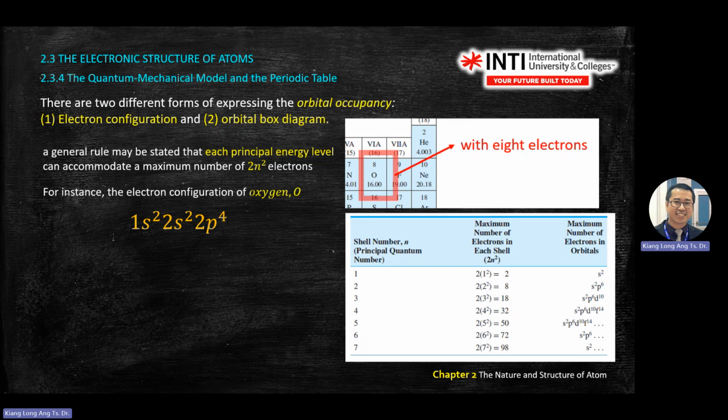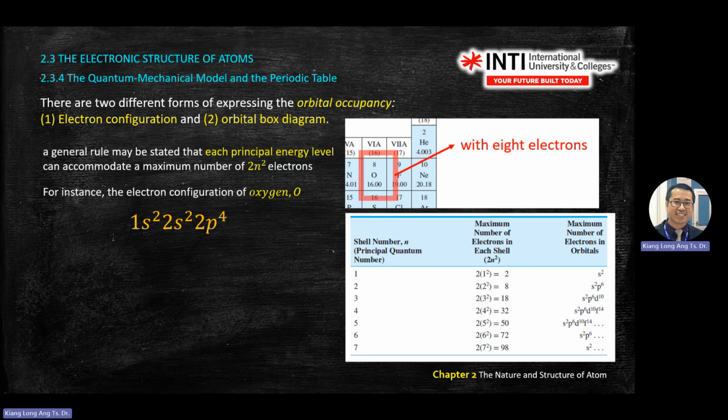So the equation to calculate the number of orbitals is n squared. If n is 1, you only get 1. If n equals 2, the number of orbitals will be 4. And for n equals 3, you have 9. This is orbitals. The number of electrons is what? 2n squared.